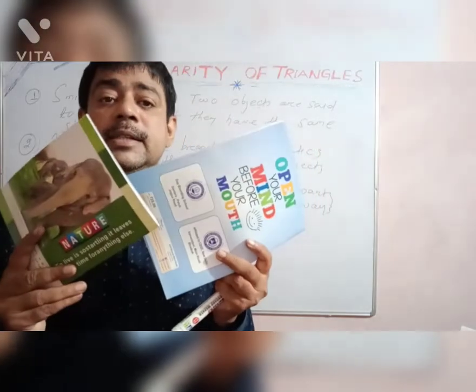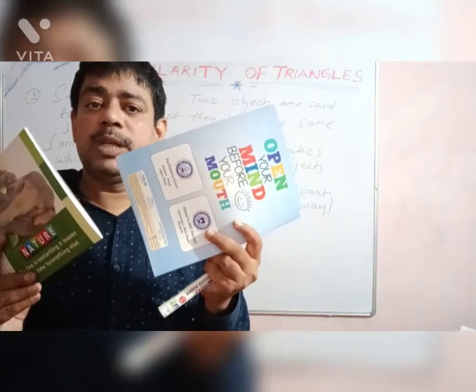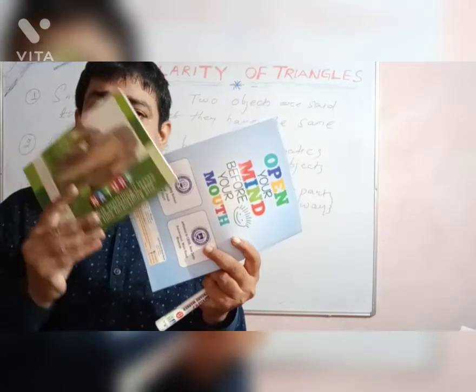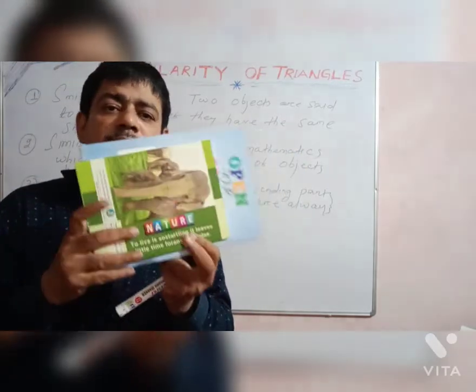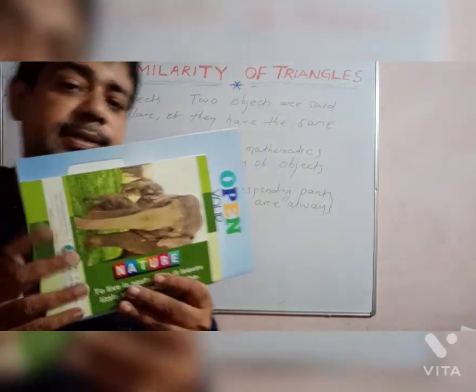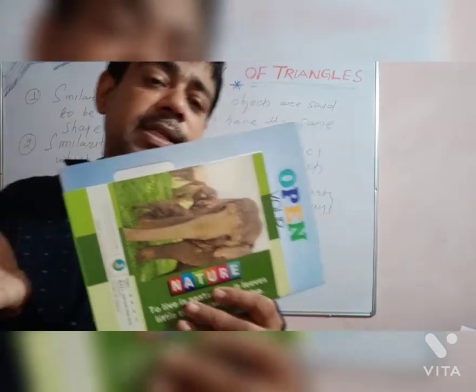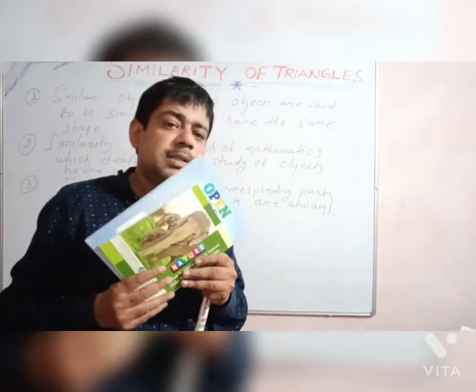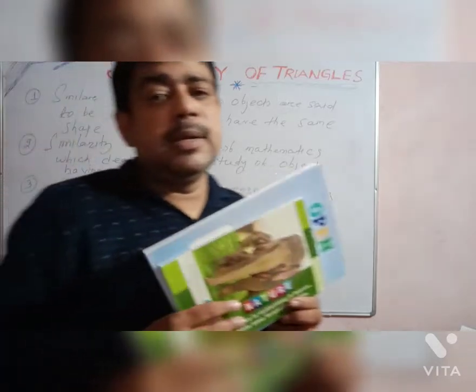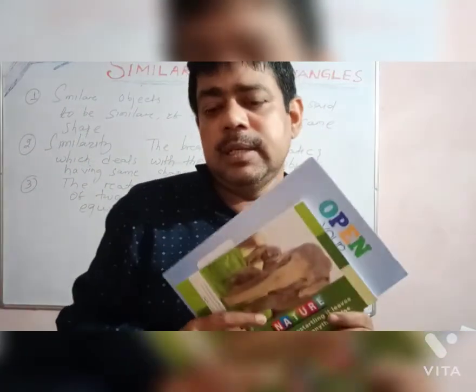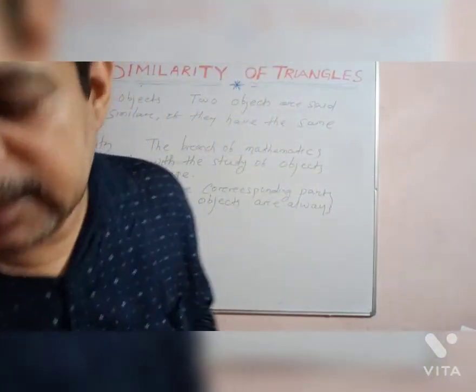What is the shape of this book? Rectangular in shape. The surface is rectangular in shape. Another surface is rectangular in shape. So you see the two objects have the same shape, but the sizes are different. That's why these two notebooks are called similar objects. Is it clear?